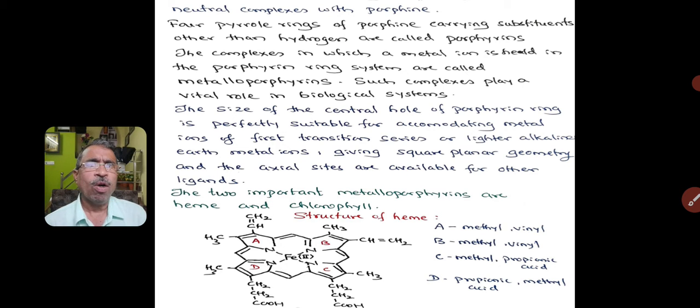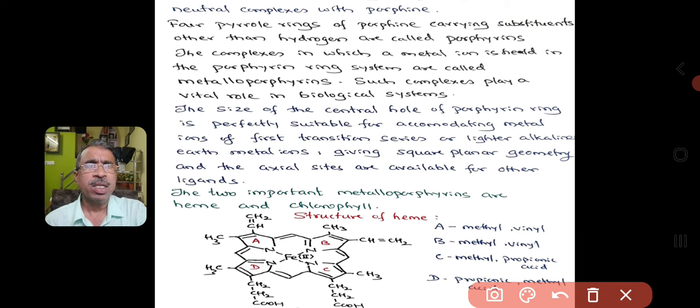The size of the central hole of the porphyrin ring is perfectly suitable for accommodating metal ions of the first transition series or lighter alkaline earth metal ions, giving square planar geometry, and the axial sites are available for other ligands.